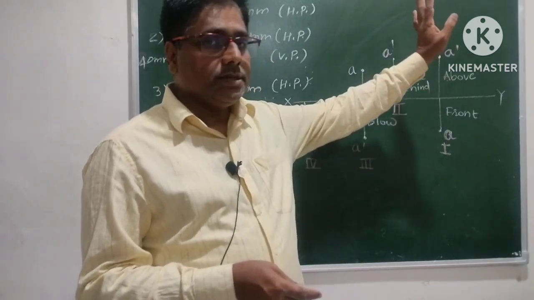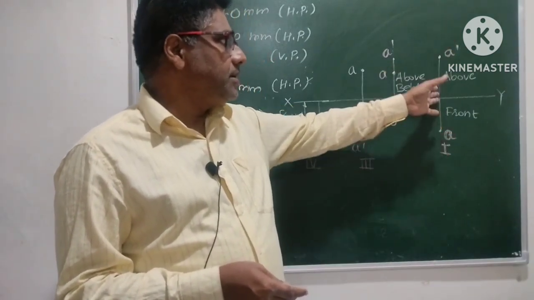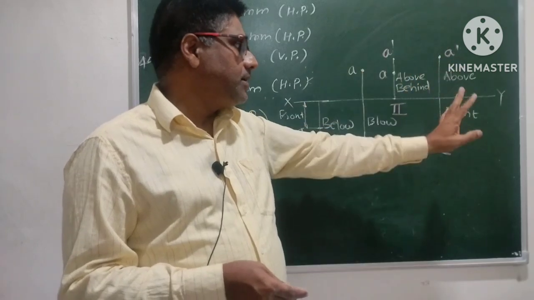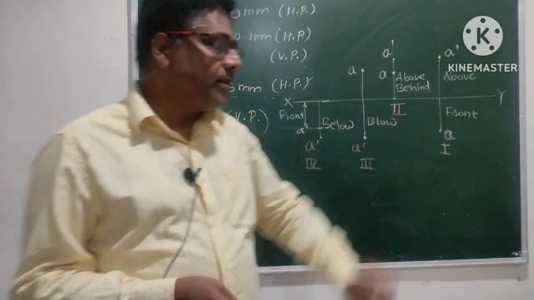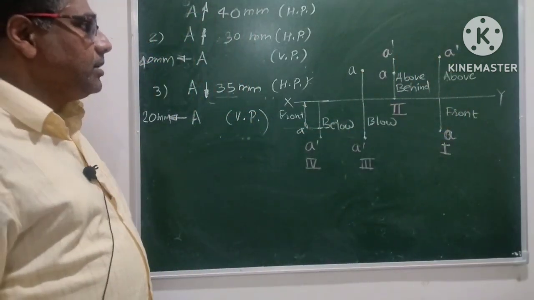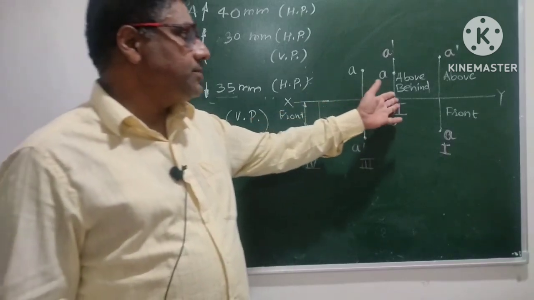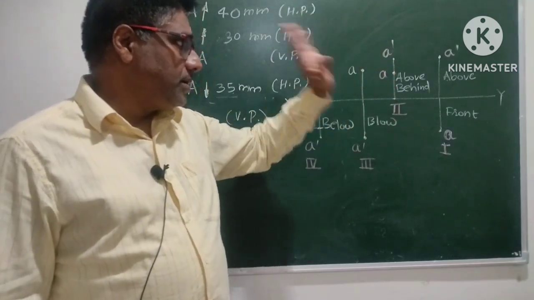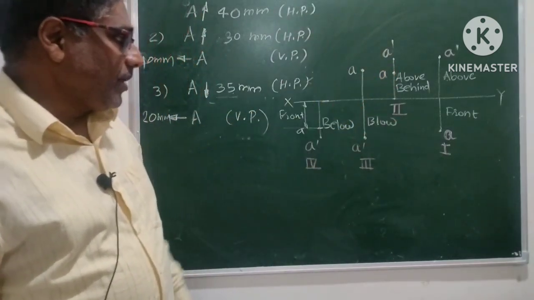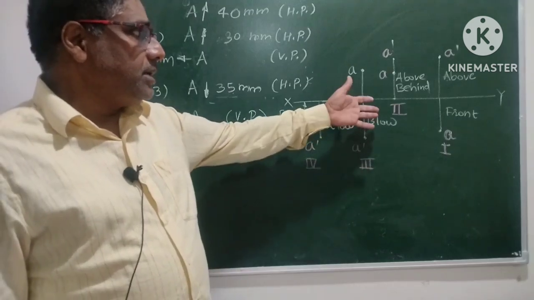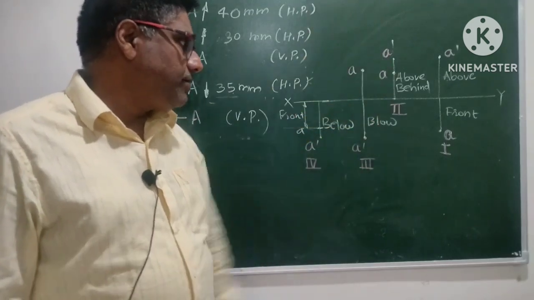Above distance is for the first quadrant: above distance is taken above xy, front distance is taken below xy. In the second quadrant, above and behind distances both we have to take above xy, such that we will get both the views above xy.